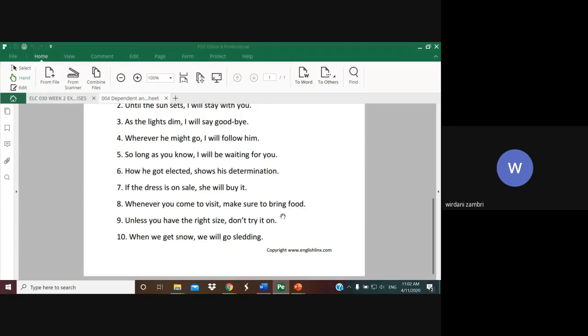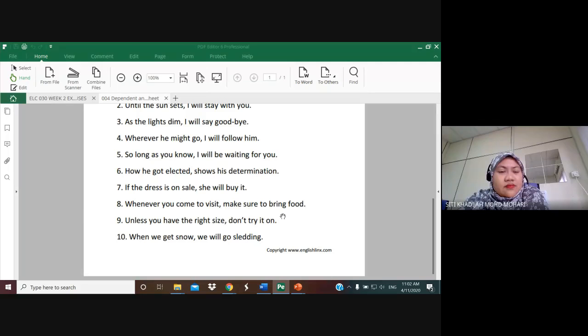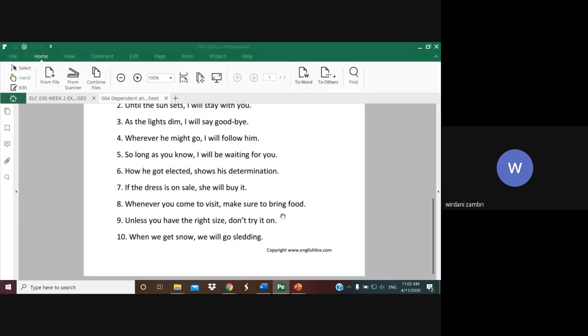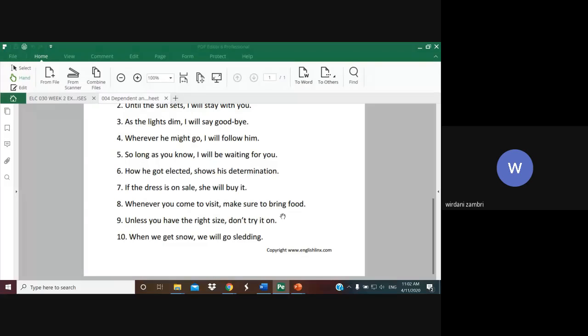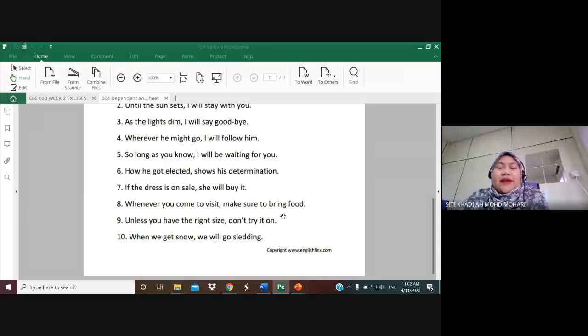If the dress is on sale, dependent, she will buy it, independent. Yep, good. Number 8, whenever you come to visit, dependent, make sure to bring food, independent. Make sure to bring food is independent. Yes.